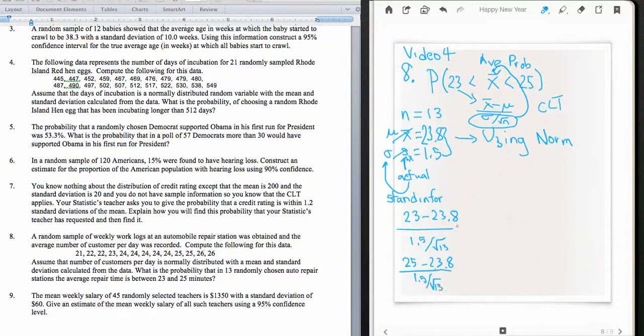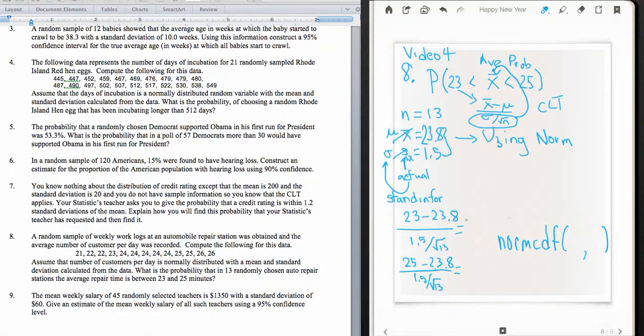We'll get those values, and then we're going to find normal CDF, which I'm abbreviating as norm CDF. Then we'll have the two values in between there, left bound, right bound.